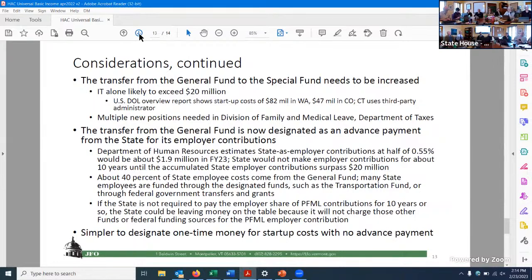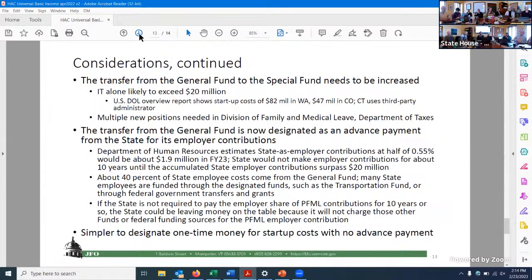Okay, we're all going to take a breath and rest our minds, and then we're going to go to the next problem, which is that the transfer from the general fund is currently designated as an advance payment of what the state of Vermont would pay as an employer of employees, in their contributions.